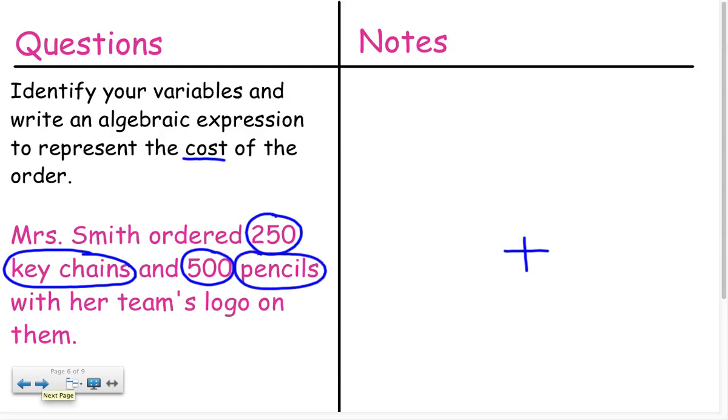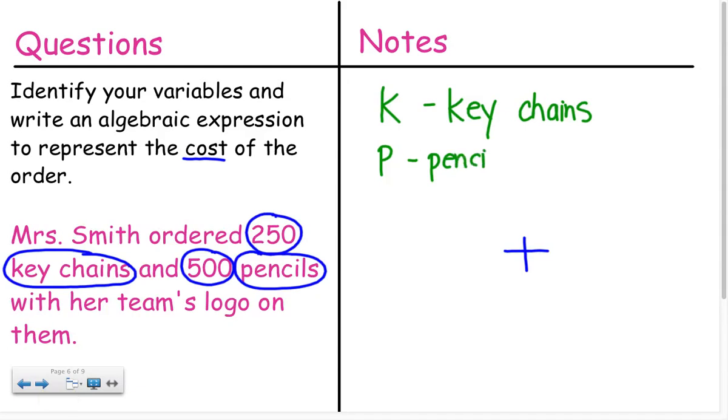So this time our 2 variables are going to be K for keychains and P for pencils. So 250 times the price of a keychain plus 500 times the price of a pencil would give her the total cost.